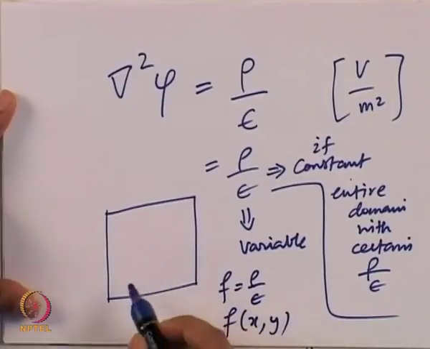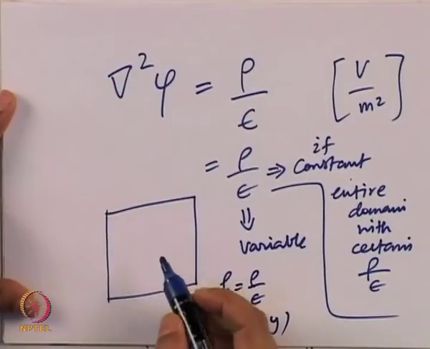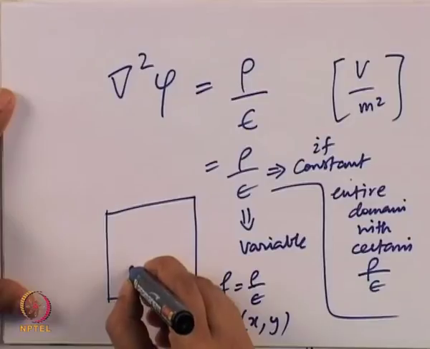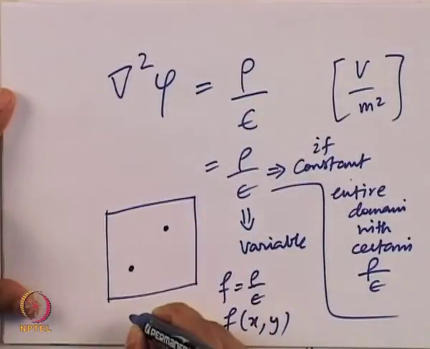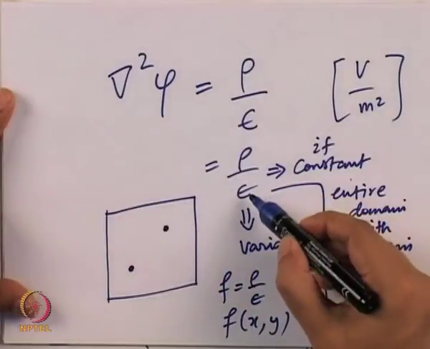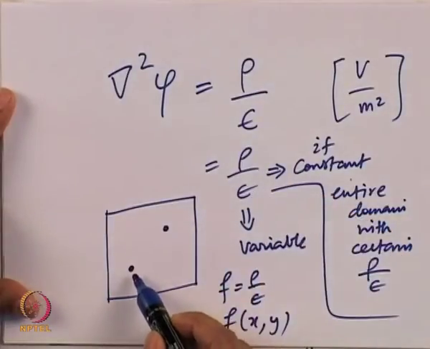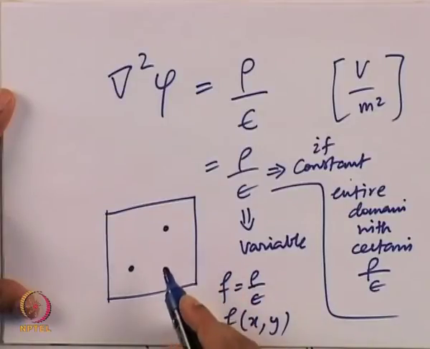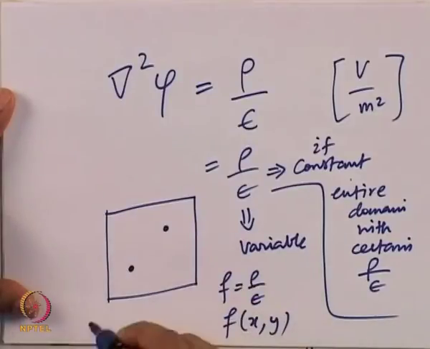In other words, along the domain it is going to have certain values. At certain points we are assigning the source function a certain value, and the rest of the points we keep as 0.